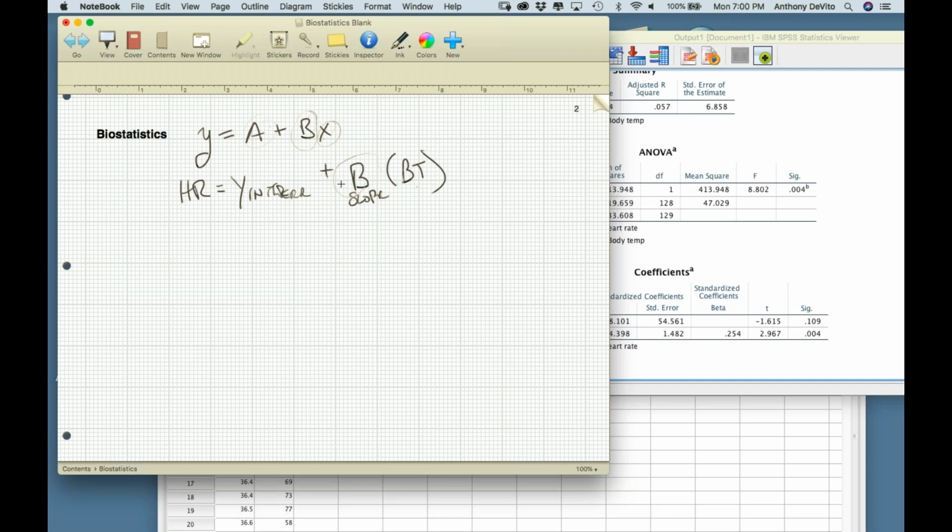Think about it, because the x-axis has nothing to do with the y. It's no association whatsoever, because if the body temperature is 30 degrees or 35 degrees or 40 degrees, no matter what it is, you have the same y value. So it has no effect and there's no correlation.